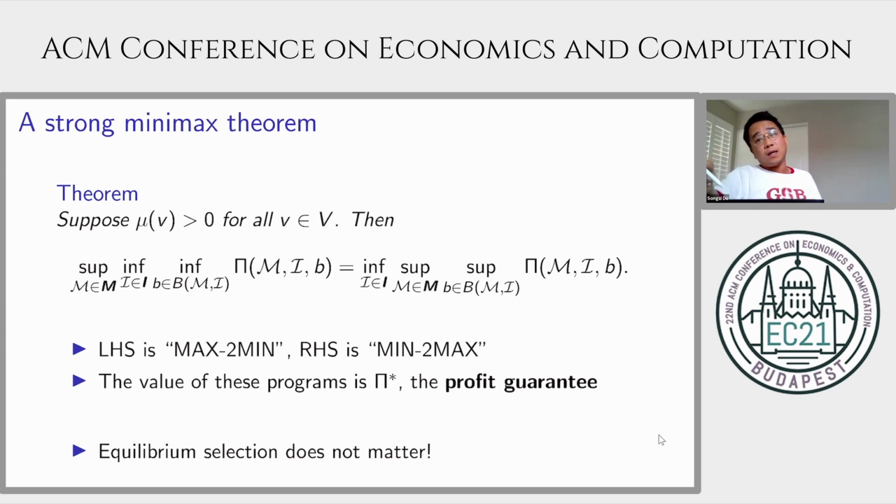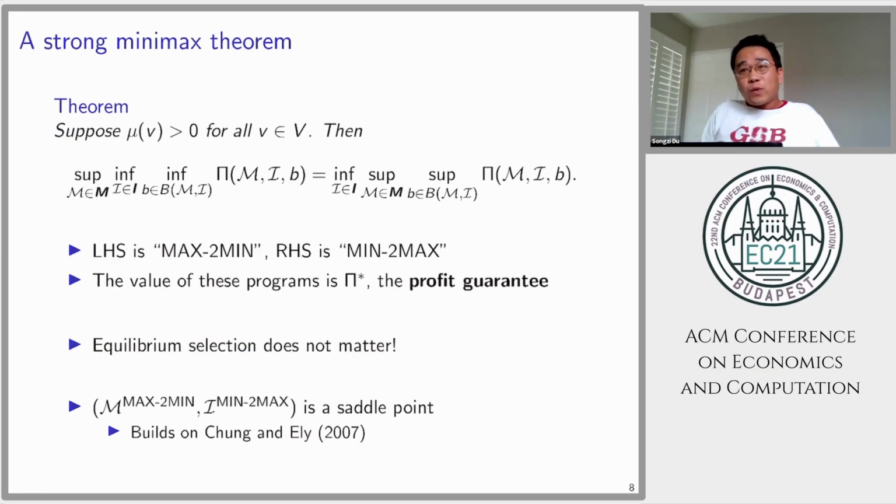One interesting implication of this strong minimax theorem is that for the exercise of designing max-min mechanisms, equilibrium selection does not matter. Let me emphasize that we are building on the work of Chang and Ely. This gives us a saddle point.